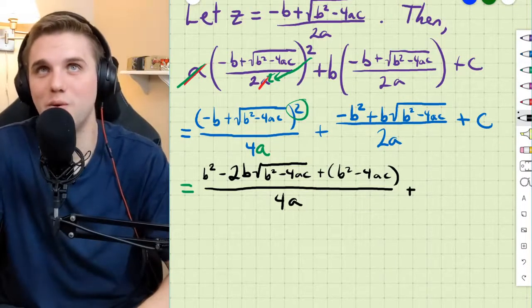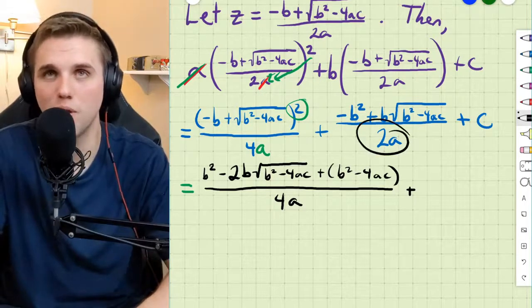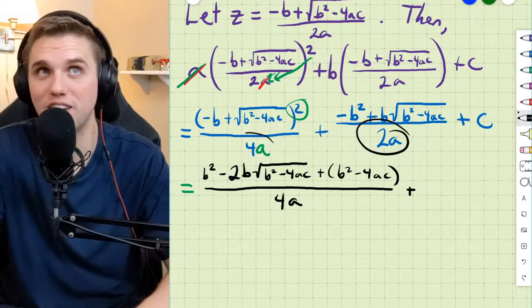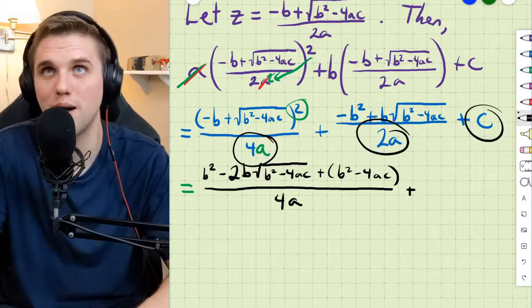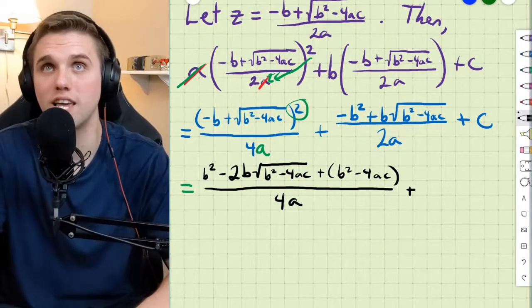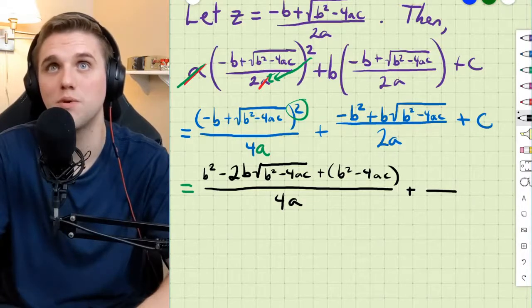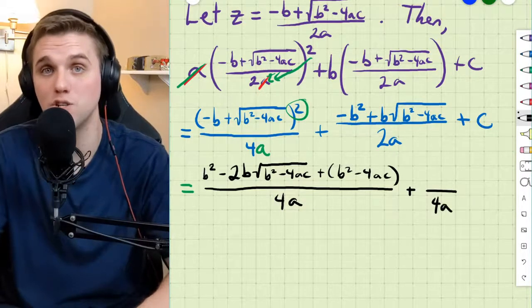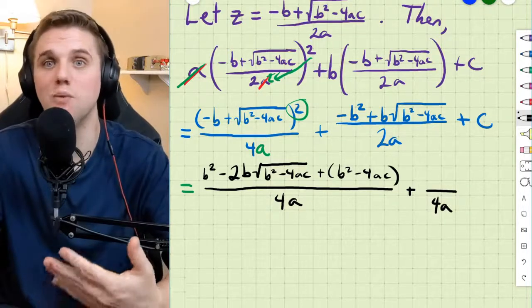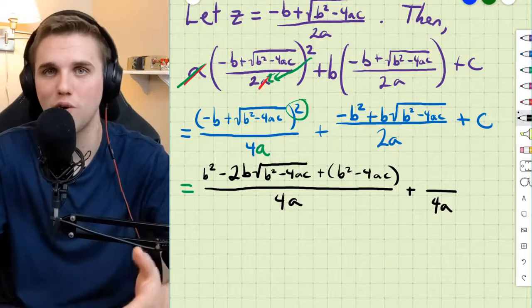And now I'm going to want to eventually add fractions here. So this denominator I'm going to want to be 4a, considering I have a 4a here. And so the common denominator between all three terms here is 4a. So I'm going to try to get these fractions to have a denominator 4a. And to do that, I need to multiply the denominator by 2, which means I need to multiply the numerator by 2 as well so that I don't change the value of that number.